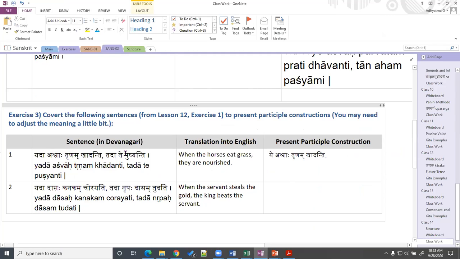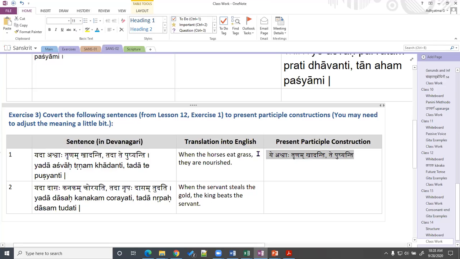Then te is already here for the tat, so we don't have to put tat here. So te pushyanti. Now the meaning will be: the horses who eat the grass, they get nourished.